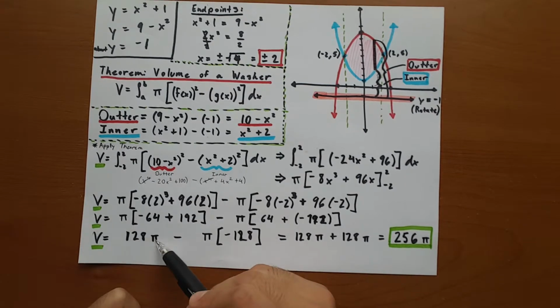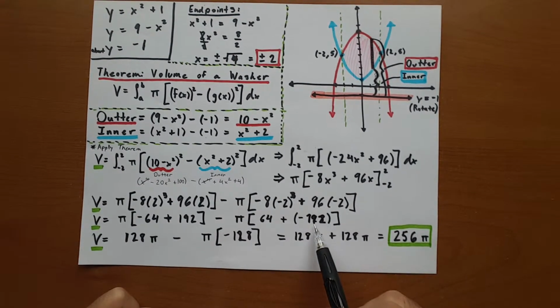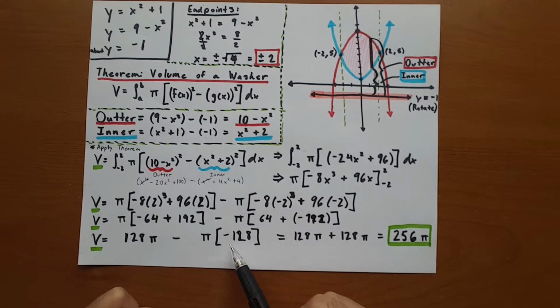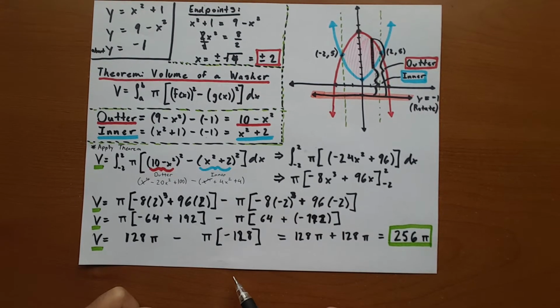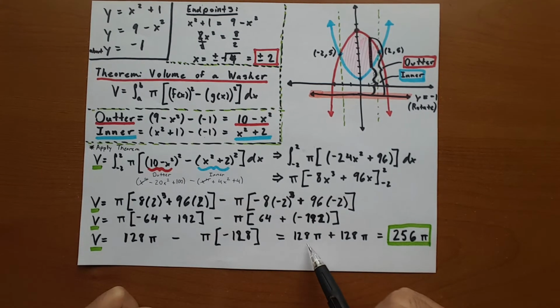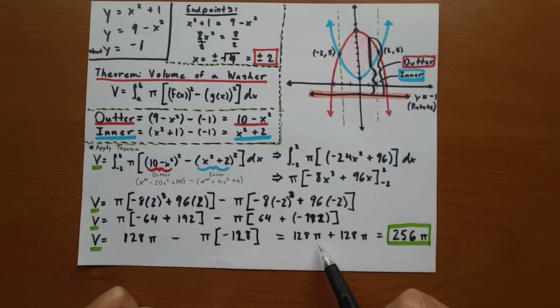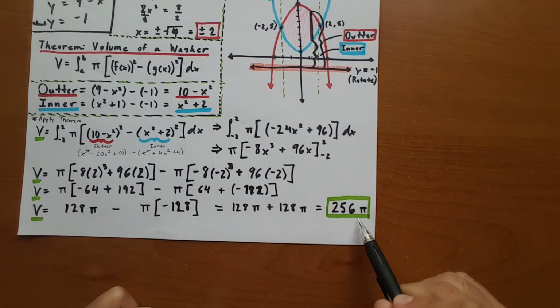And we're multiplying it by pi. And then here we're taking 64 and subtracting it by 192, which comes out to negative 128 times pi. And a negative times a negative is just addition. So it would be 128 times pi plus 128 times pi, which comes out to the answer of 256 pi.